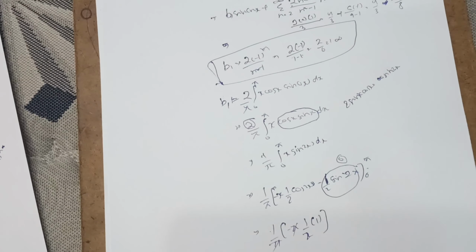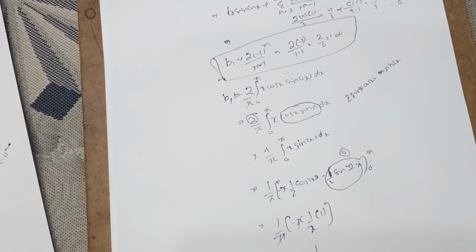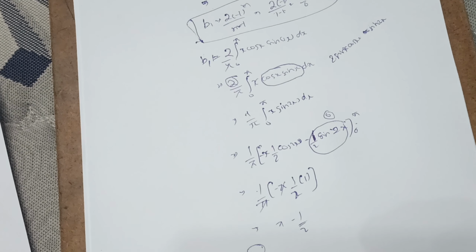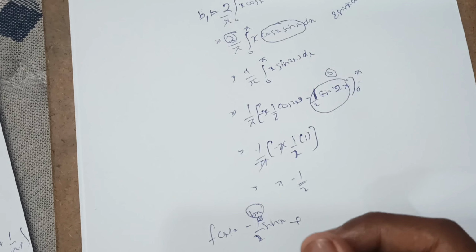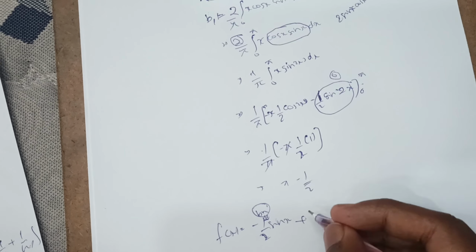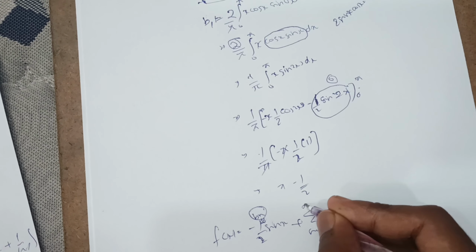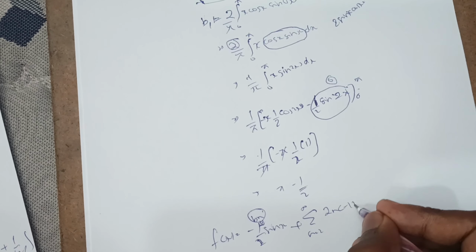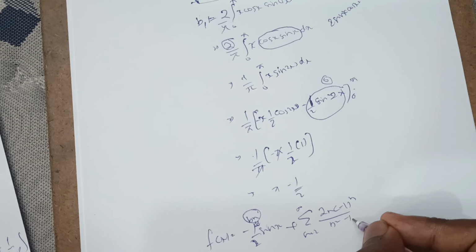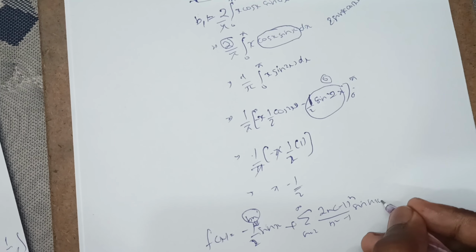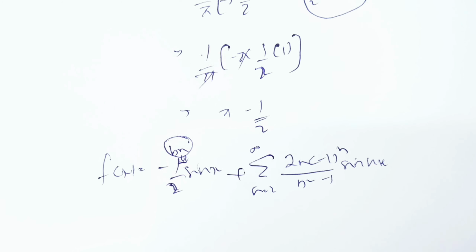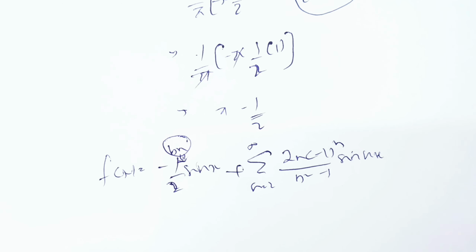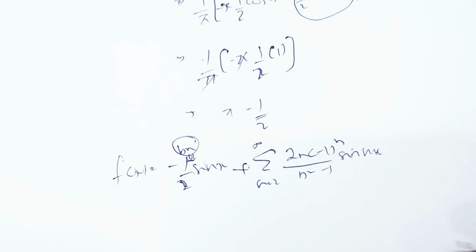So the terms will be like this. Or we can write it like this: summation n equal to 2 to infinity 2n into minus 1 whole power n by n square minus 1 sine nx. So this is the solution for the given function f of x. This is the half range sine series for the given function f of x. So this is the solution.